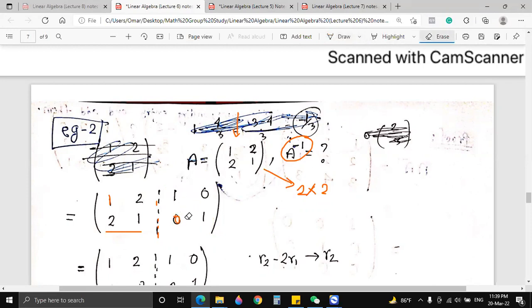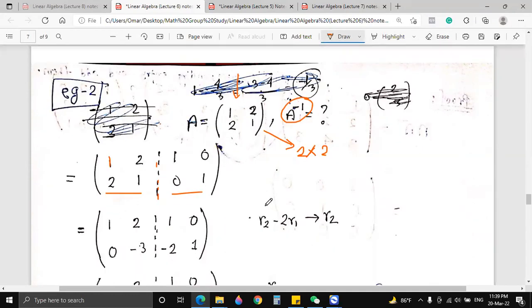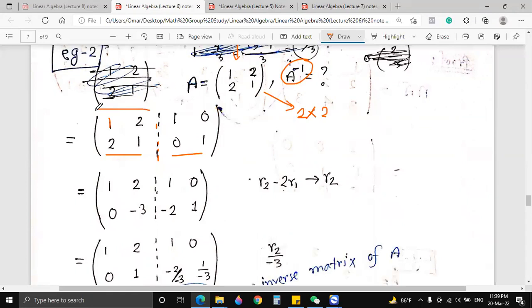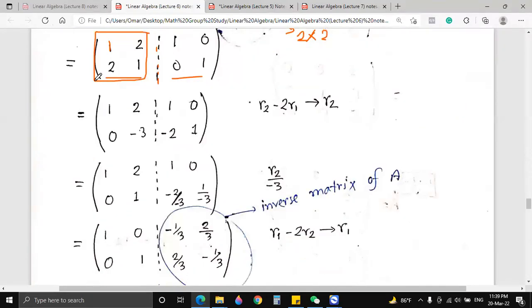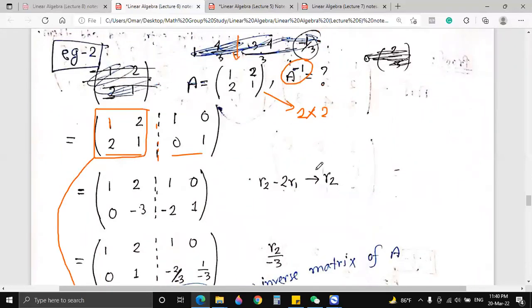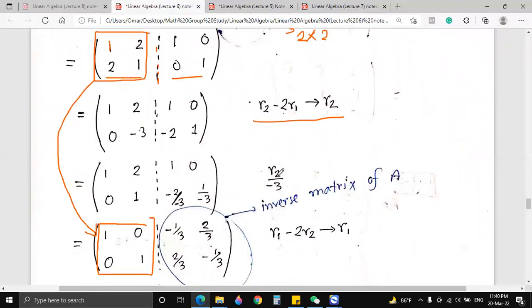So I have written down the corresponding identity matrix here, and now we have to convert this matrix into RREF form, or we have to convert this main matrix into some kind of identity matrix, okay?